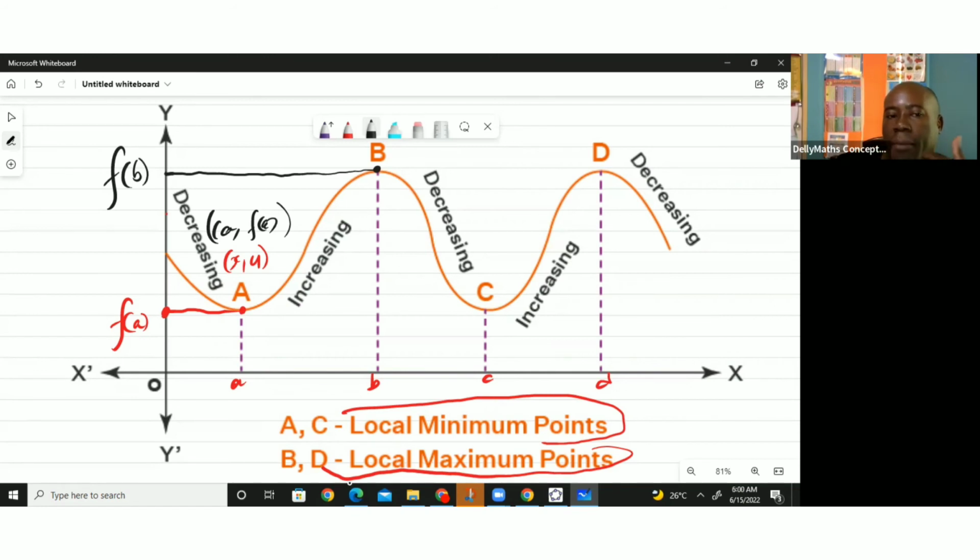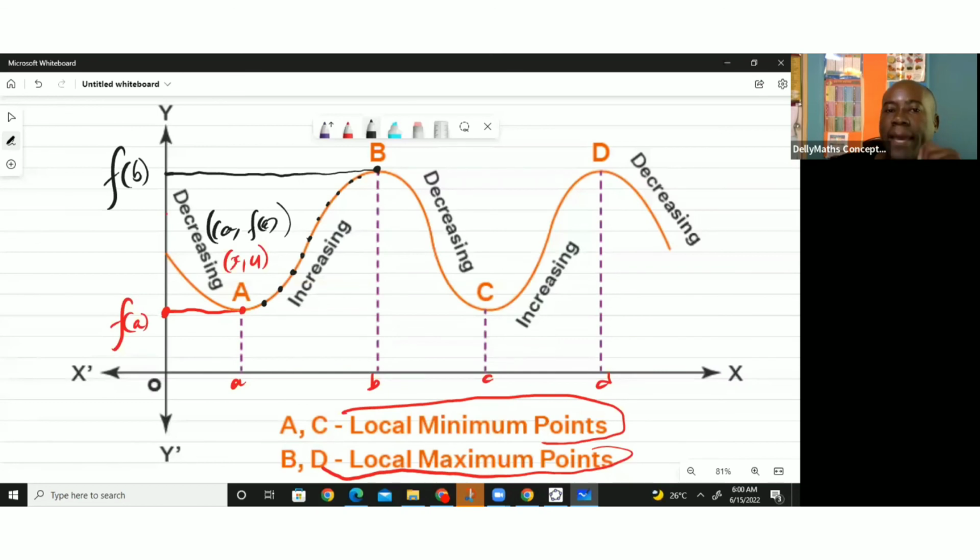Now, if you notice, at the local maximum or minimum, we are not increasing or decreasing. The idea of gradient does come in, because when we are increasing, if we find the gradient at specific points, for example here, here, here, we will definitely get a positive number all the time.